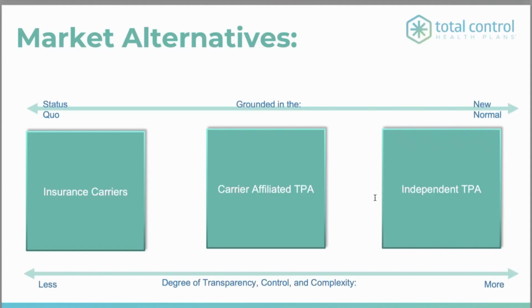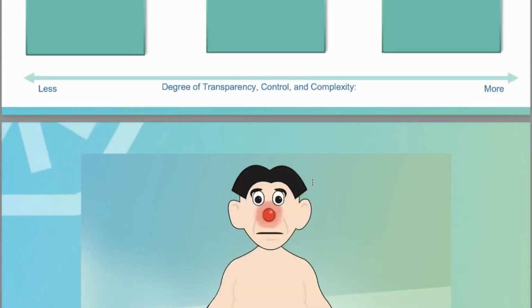As we move our way right more towards the TPA and then ultimately the independent TPA model, we get greater transparency, you get greater control, but we also add to the complexity potentially for both you and your plan participants, and that may or may not be a good thing. So these are the three primary models that we're going to talk about today, and we're going to dive into the insurance carrier model first.